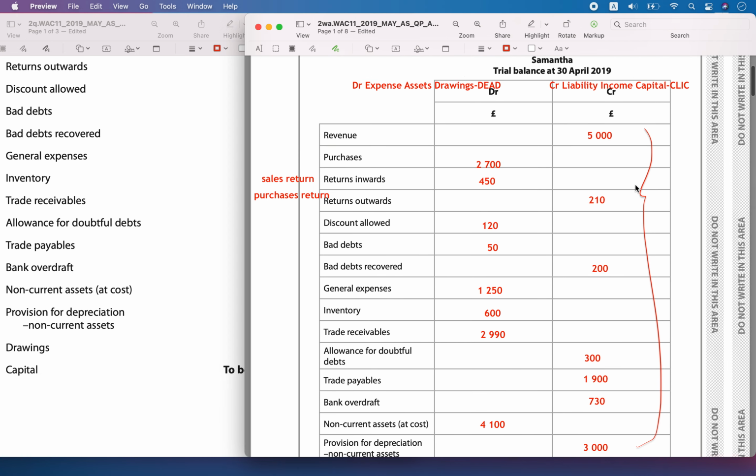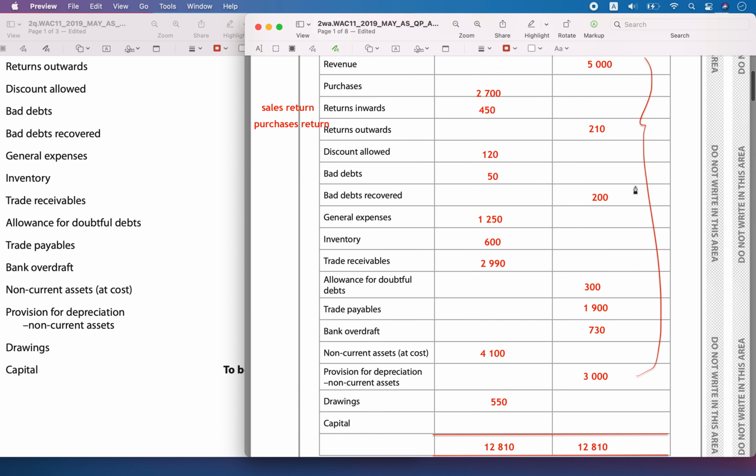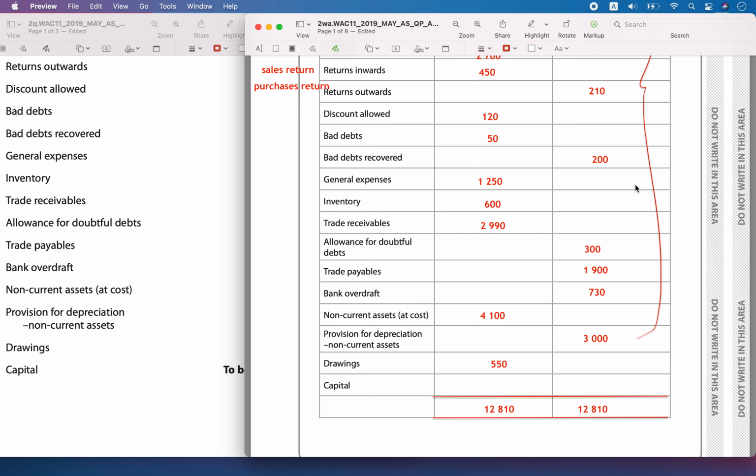Whatever is there: 5000 plus 210 plus 200 plus 300 plus 1900 plus 730 plus 3000.